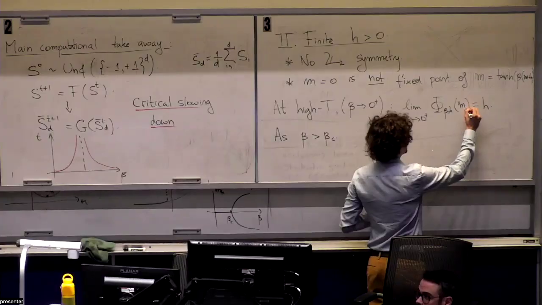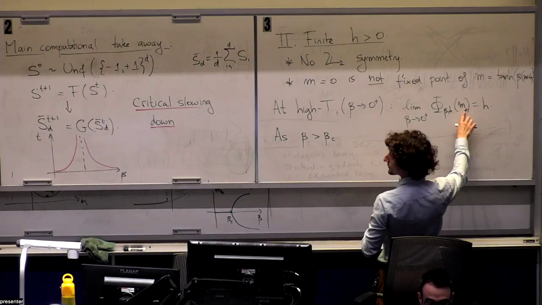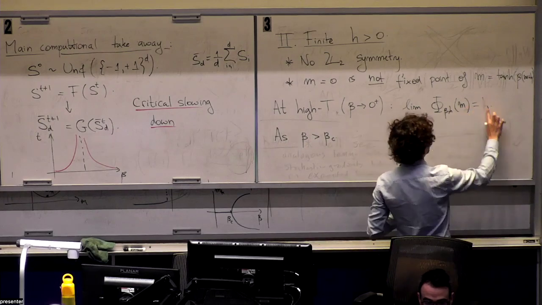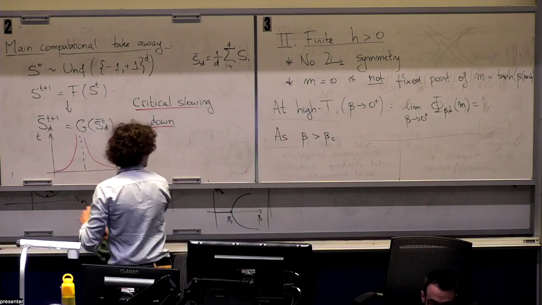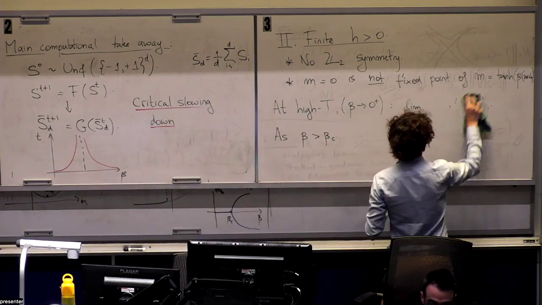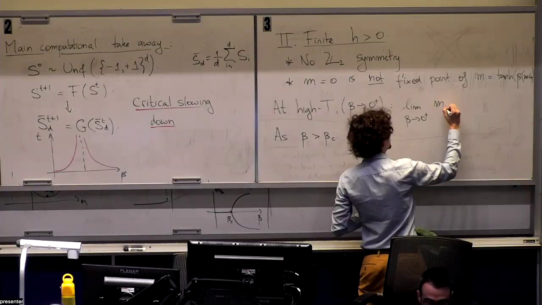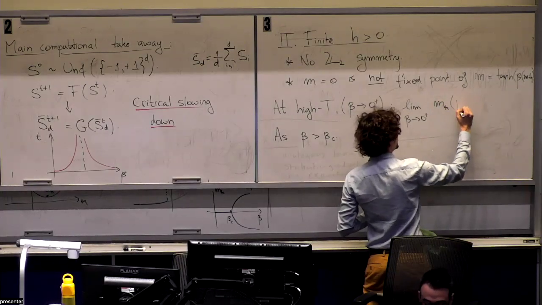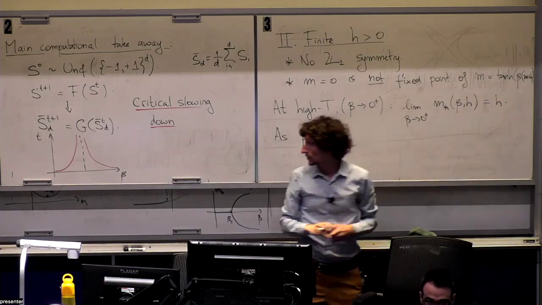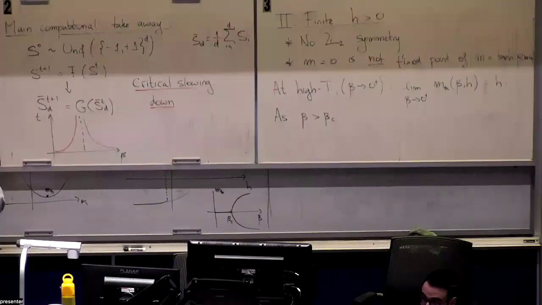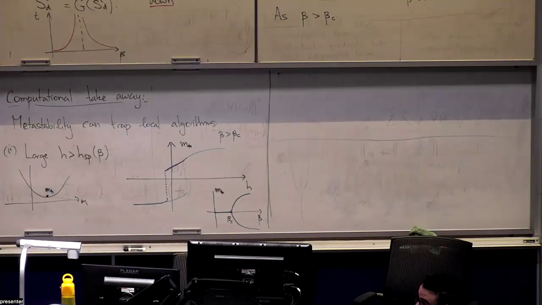What I wanted to say is that the limit beta going to 0 of m star is equal to h. So m star, which is a function of beta and h, is equal to h. And my claim is that if you do things carefully, that point here is h.